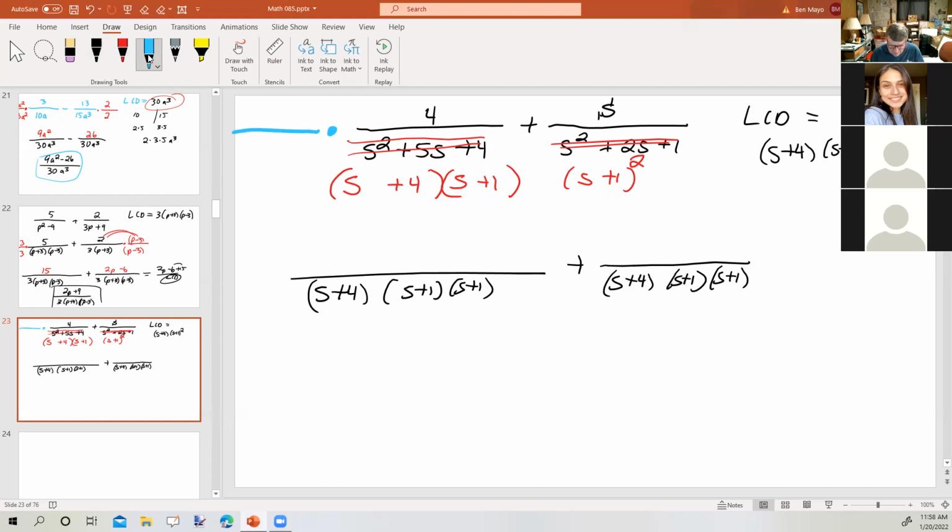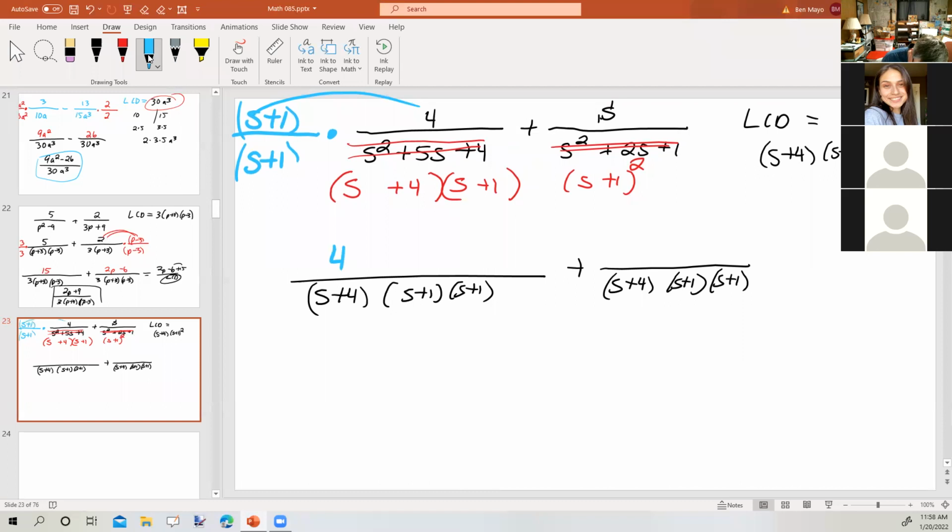What am I missing in that first denominator to make it look like the denominator down below? S plus 1. So my numerator, s plus 1, I'm going to get what? 4s plus 4.